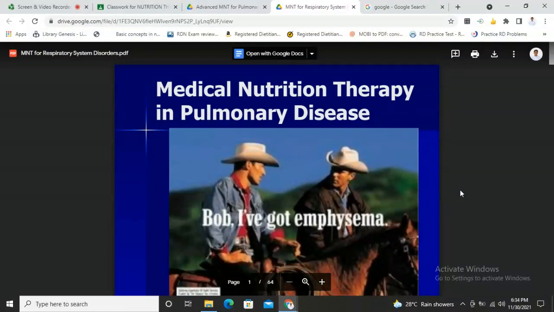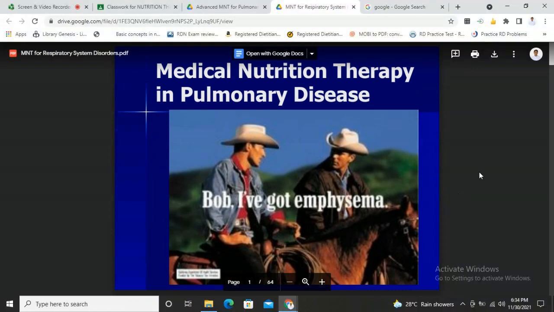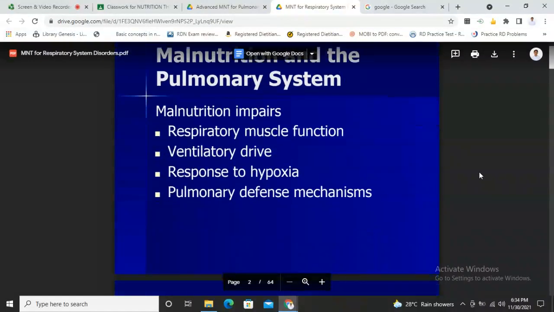So meaning those diseases that are long term, that affect the respiratory system chronically, and of course the implication of those diseases on the nutritional status of the patient, okay, and vice versa. So malnutrition is very common in pulmonary disorders, especially in chronic pulmonary disorders.